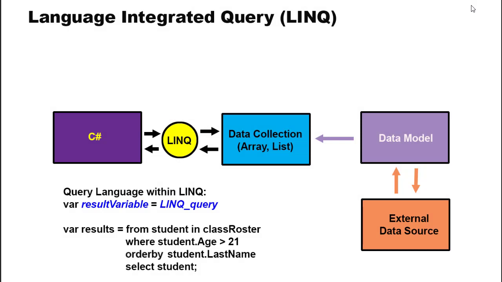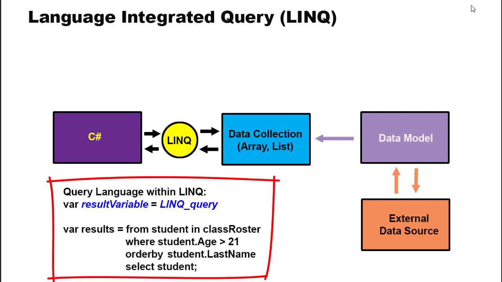But we can also use LINQ for an external data source, which could be a SQL data source, could be a text file, it could be various data sources that are being read into through a data model, a custom class that we create to model our objects, and maybe that's populating our data collection. So here's another example.